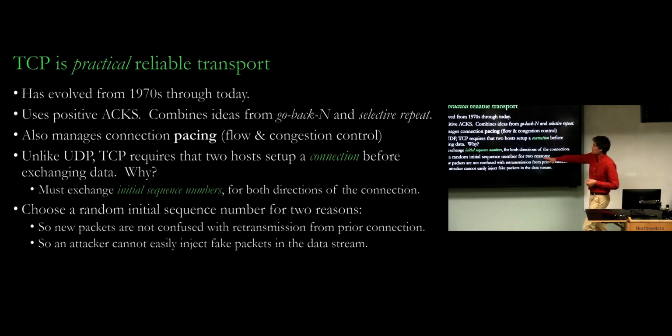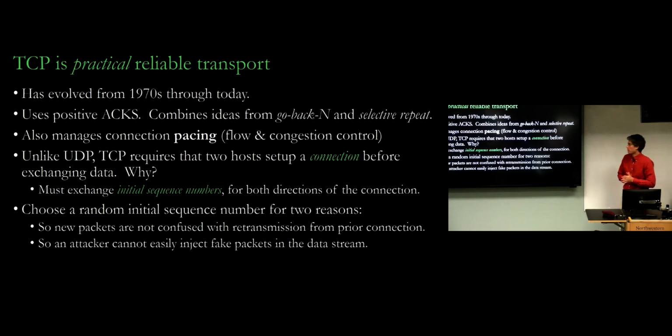Having a random initial sequence number eliminates that threat, because your previous conversation might have been using sequence number 3000, so you expect to see 3000, 3001, 3002. The new connection uses a totally different sequence number, like let's say 17,000, and if you see something like 3001 come in, you can just ignore that because that's way outside the range of sequence numbers you would expect to see for that new connection.